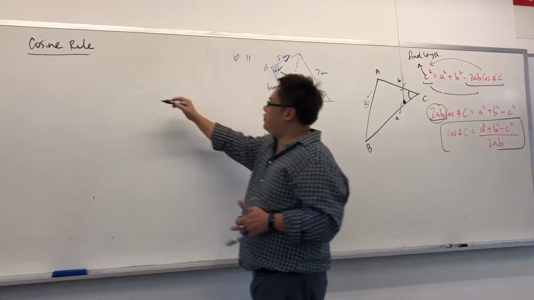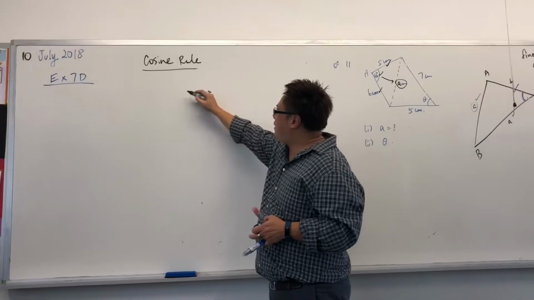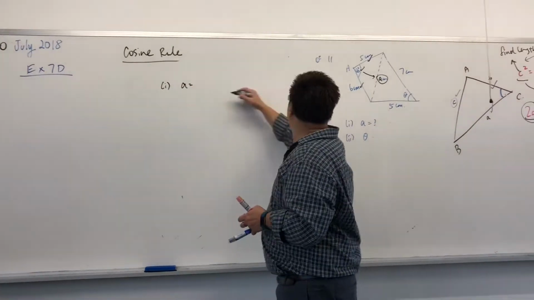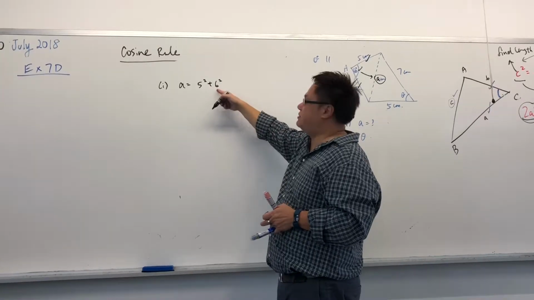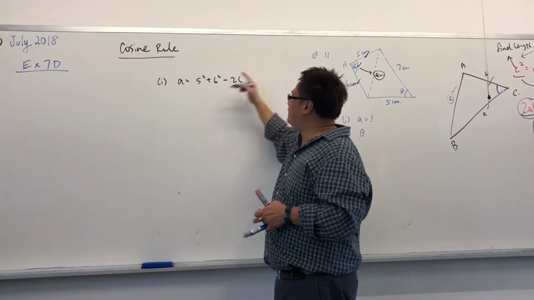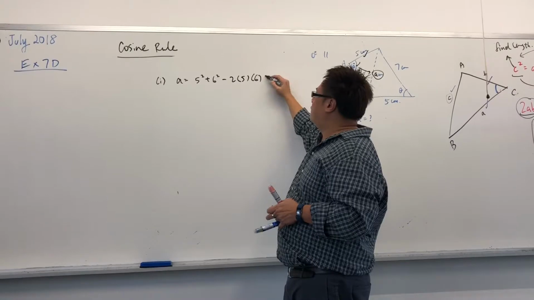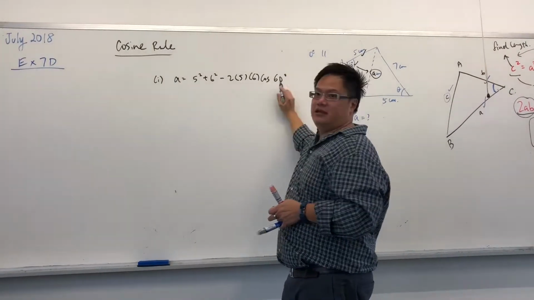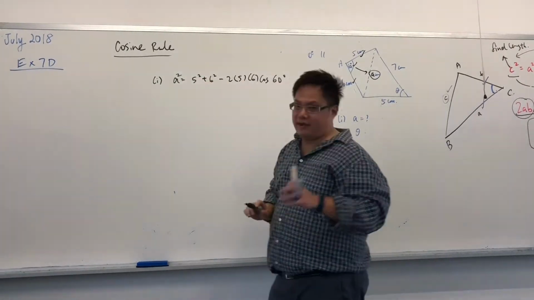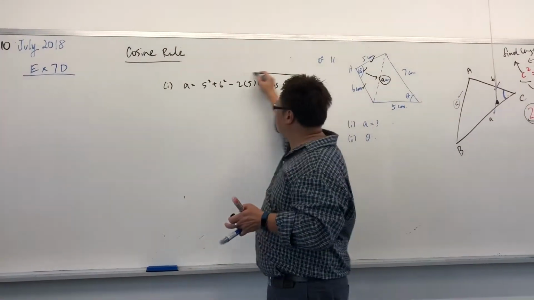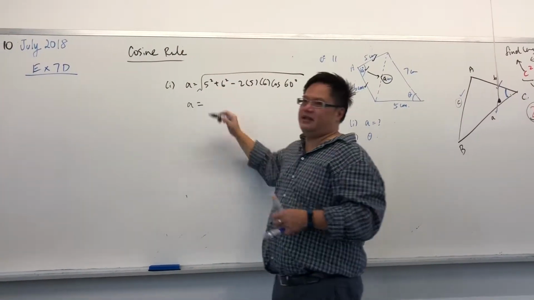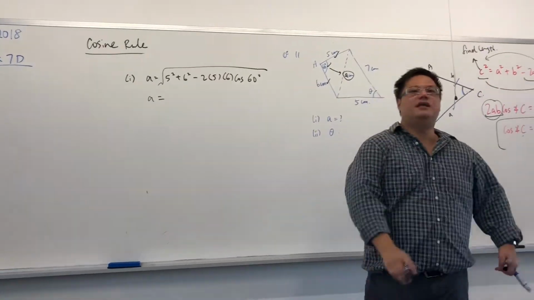So over here, a is equal to 5 square plus 6 square, minus 2ab, 5 times 6 times cosine 60 degrees. Then by right there should be a square here, right? By right there should be a square. I taught you the shortcut way is don't write the square, just write square root. Punch your calculator, answer. Easy peasy.